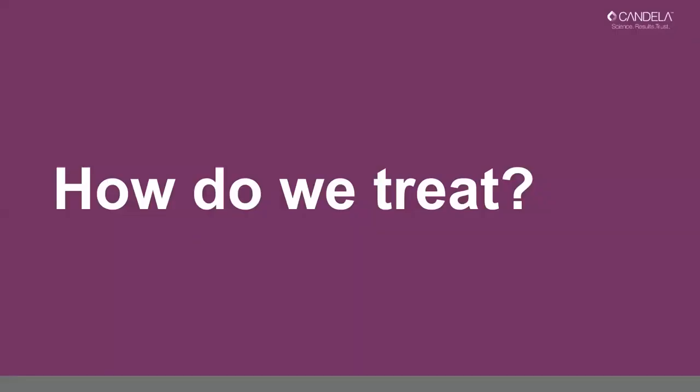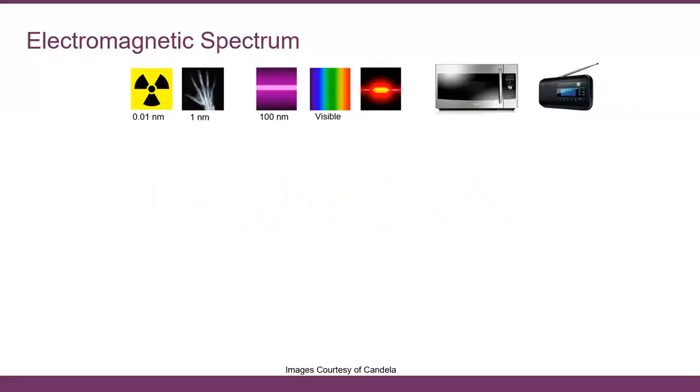So how do we treat vascular conditions? The first thing we need to do is think about the electromagnetic spectrum. From the slide, you can see on the left-hand side we're looking at gamma rays and X-rays. In the center, we have ultraviolet light, visible light, and infrared light. Then moving to the right-hand side of the screen, we move into microwaves and radio waves.